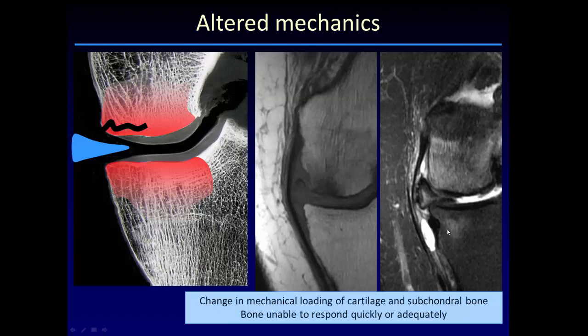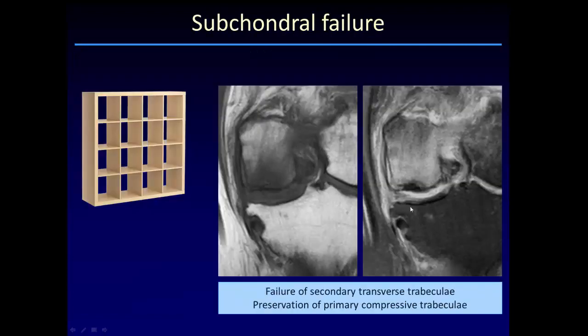These are insufficiency injuries, and they are the result really of a failure of this entire complex of weight bearing. And this disorder can involve the cartilage as well as the bone.